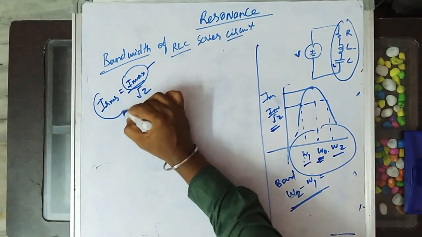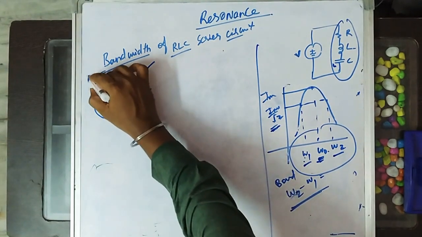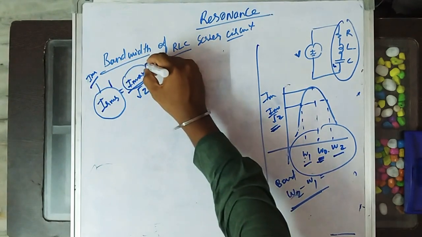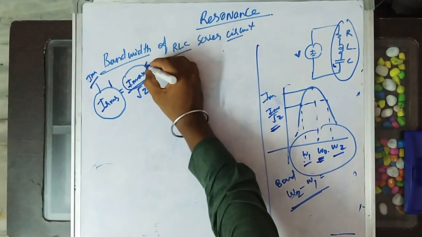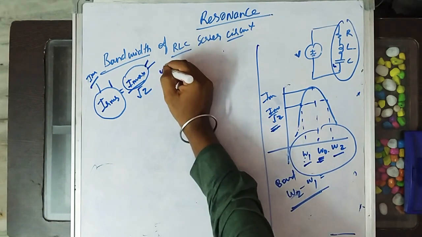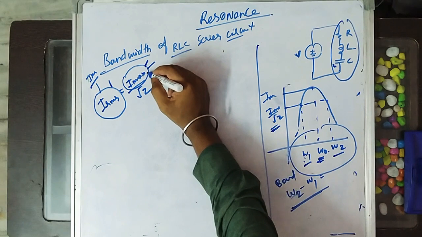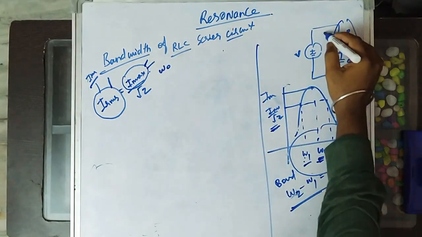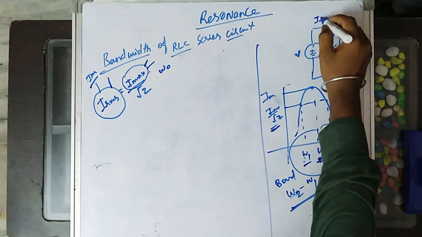This is the circuit IRMS value. This current is different and that current is different. Imax occurs only in resonance, at the resonance frequency only. So at omega naught only you get Imax. This RMS value is the circuit current, IRMS.